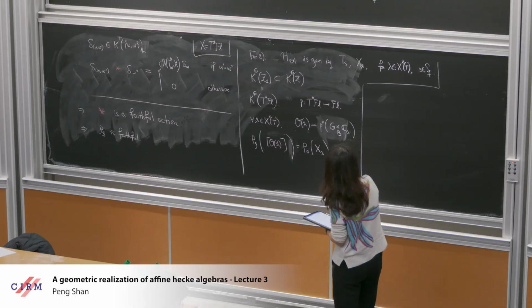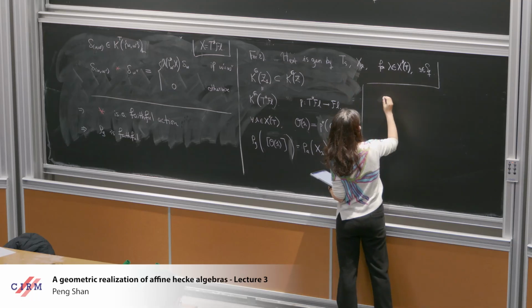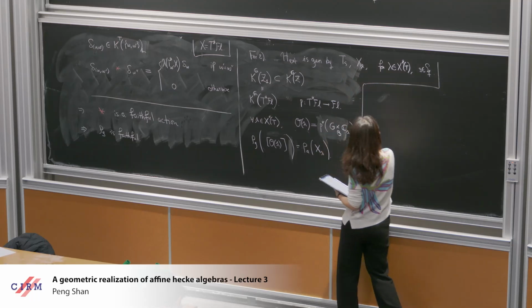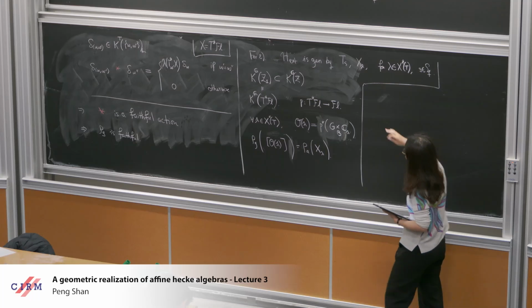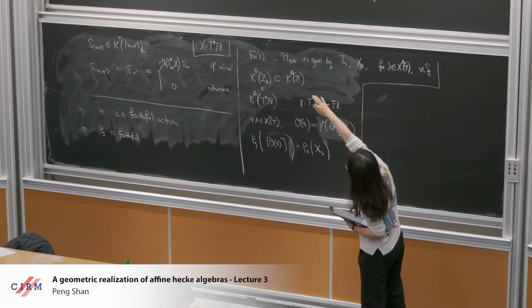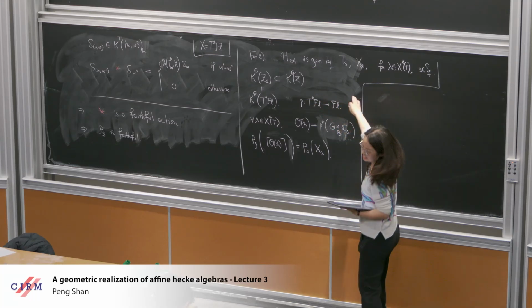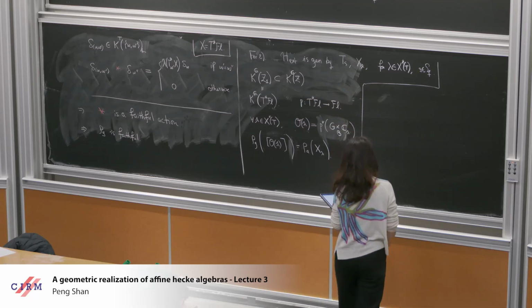But more interestingly, what you want to understand is the action of T_s. For this, you have a natural candidate, because you know your algebra has a basis given by the stratification given by Z_w, so this T_s must have to do with the simple reflection s.